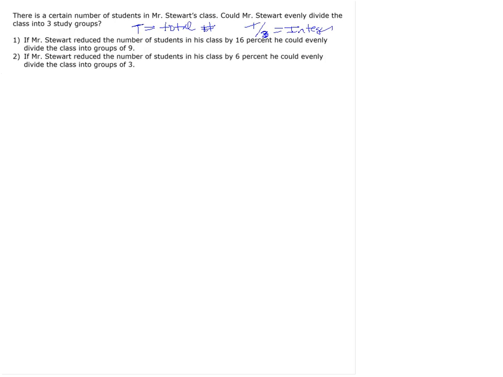If you reduce something by 16%, you need to be able to quickly see that what that means is there will be 84% remaining. So after a 16% reduction, there will now be 84% of the students who remain in the class. As Jeff told you, you want to make sure you reduce whenever possible.